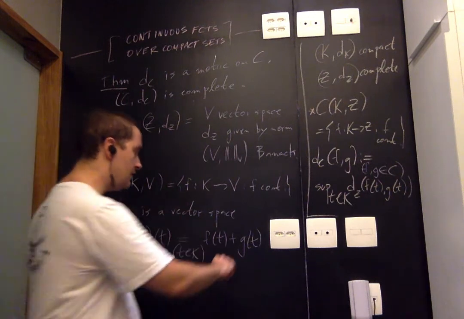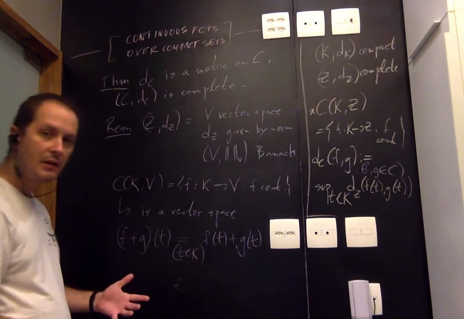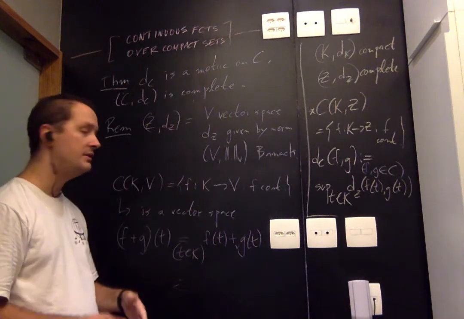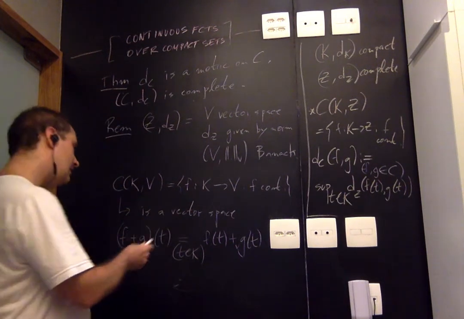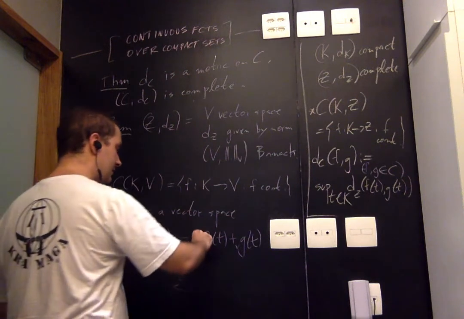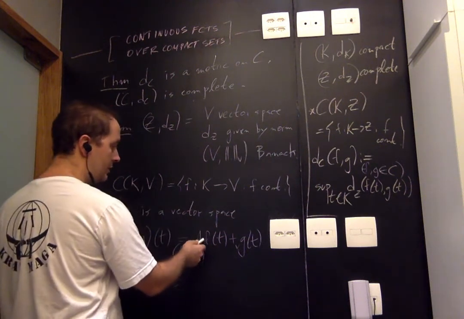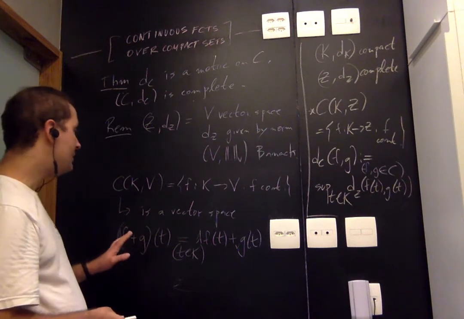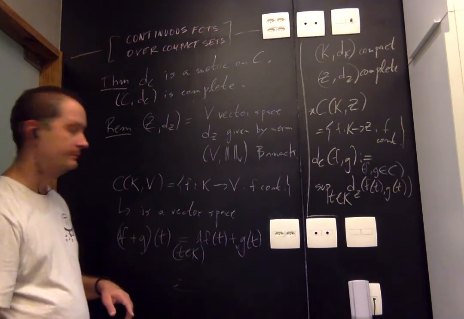This is a sum in V, if you like. Just like when we add functions with real values, we can add functions with vector values in the same vector space. And we can define a product by a scalar in the same fashion because we can take products of scalars by elements of V. So there's no mystery here in this vector space structure.